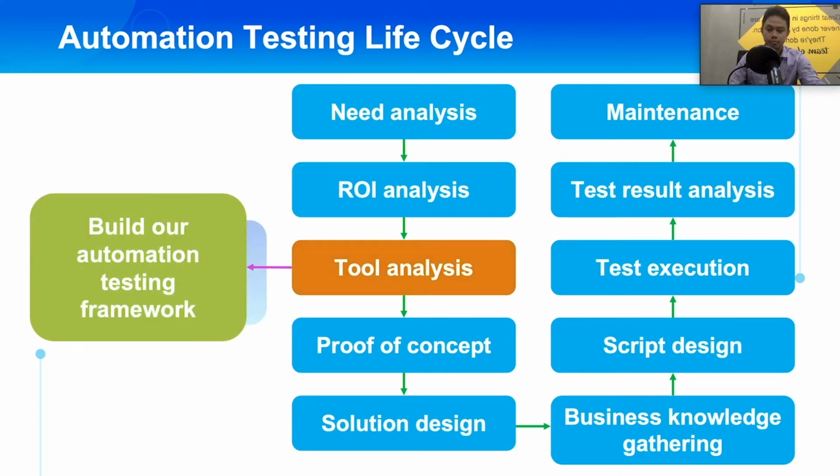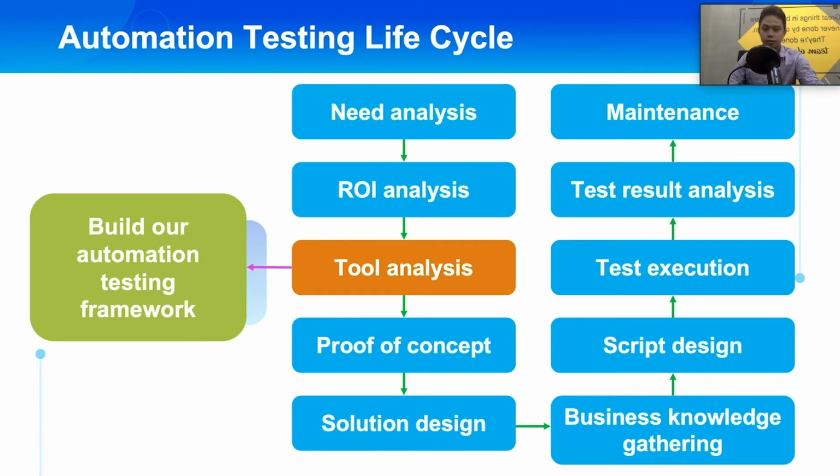So this is the point where we start building our automation testing framework. If you adopt a commercial tool, it might provide the whole framework for you already, but there will be a lack of customization that we need to bear with. But if you decide to leverage an open source tool, we have everything we need to customize the solution to really fit our need.